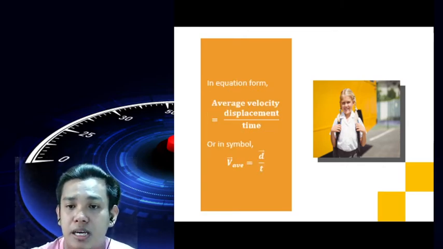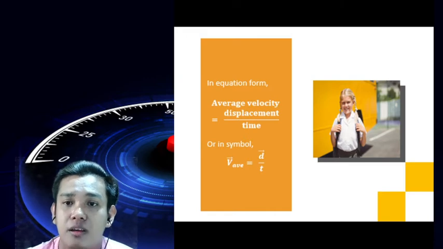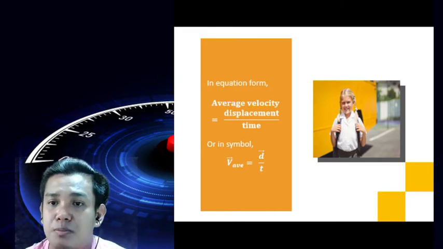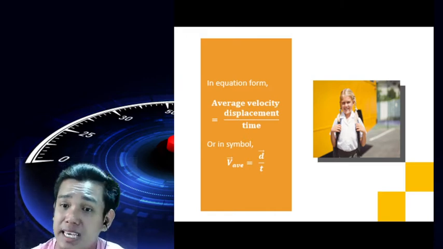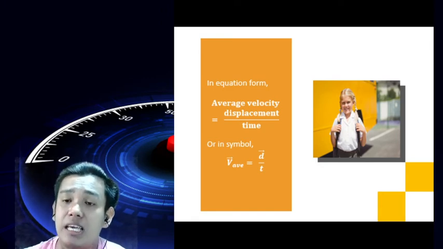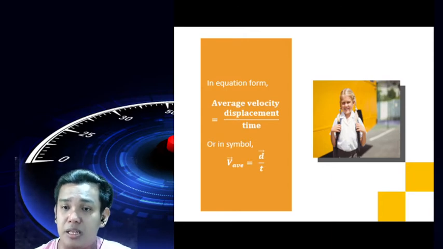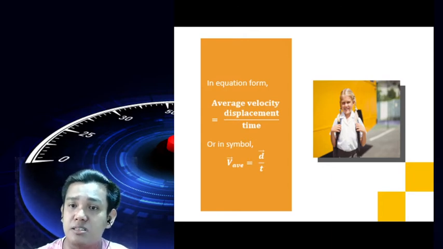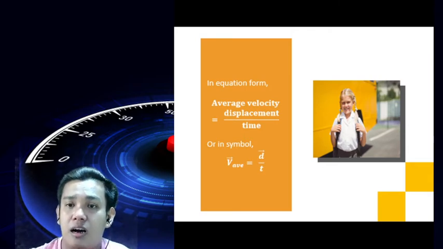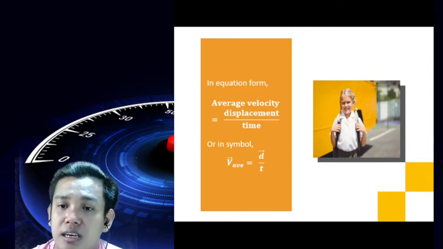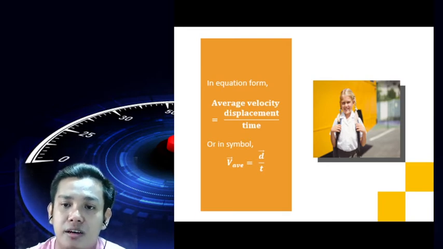So, in equation, average velocity is equal to displacement divided by time, or in symbol, v equals d with an arrowhead over t.